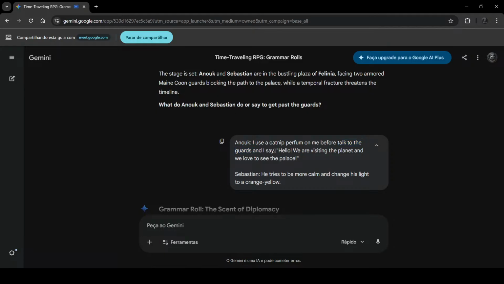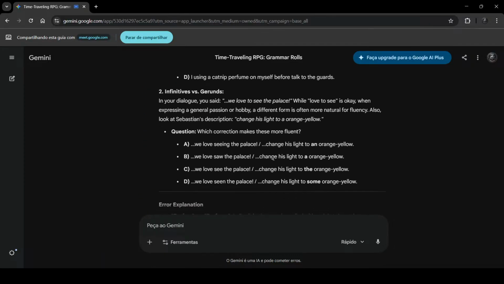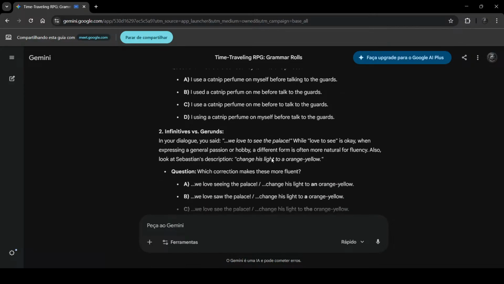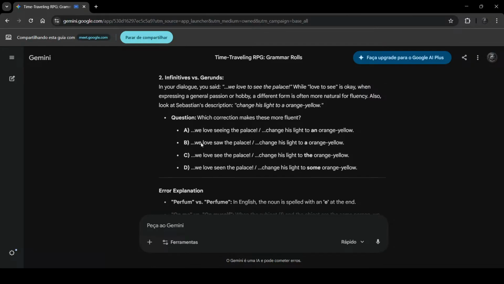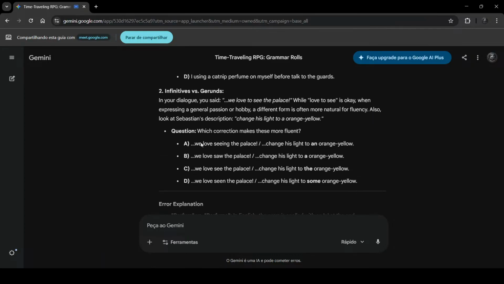And I say, "Hello, we are visiting the planet and we love to see the palace." This is one thing I didn't like here. Which one did you choose? You chose A. We love seeing the palace. This is something that you like doing, right? I love doing that, but the AI here didn't get the context correctly.